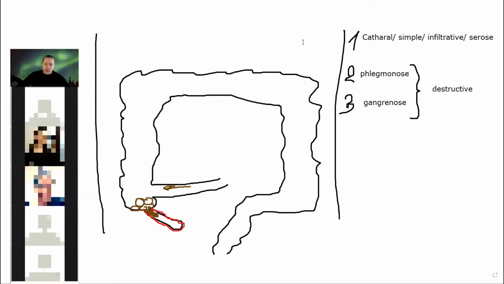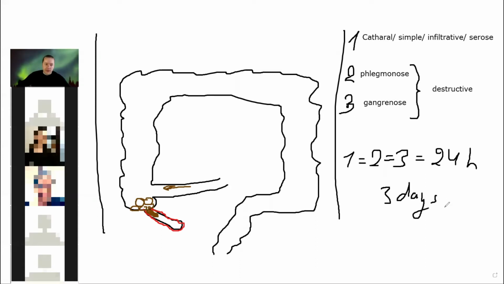You also need to remember that each stage takes on average 24 hours, so in total we have 3 days for appendicitis. Sometimes it can be a fulminant form with the gangrenous stage on the first day, and sometimes it can take 4 days to develop. But if it's more than 4 days, that's definitely not appendicitis.